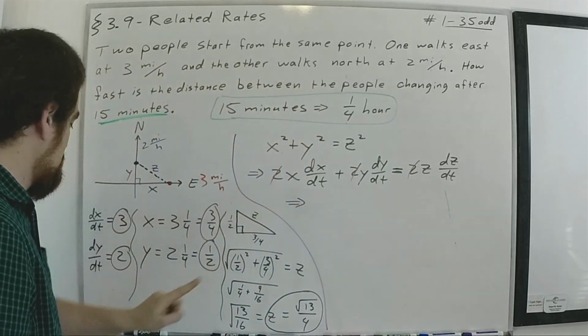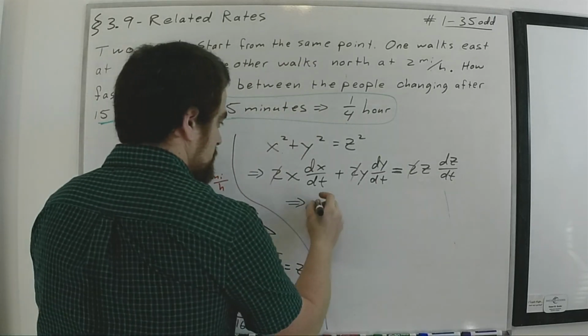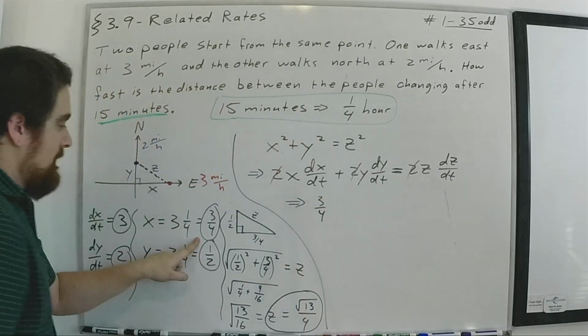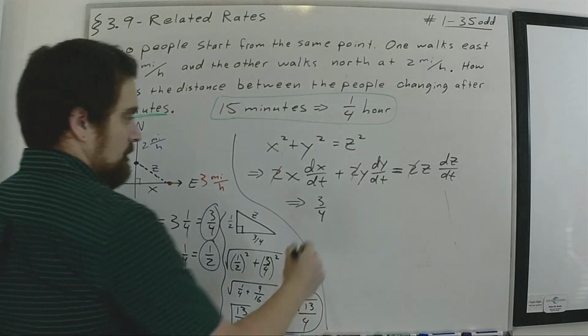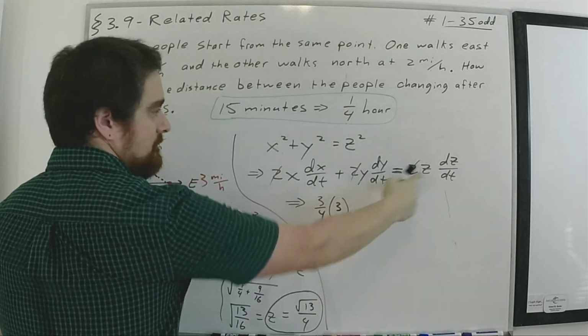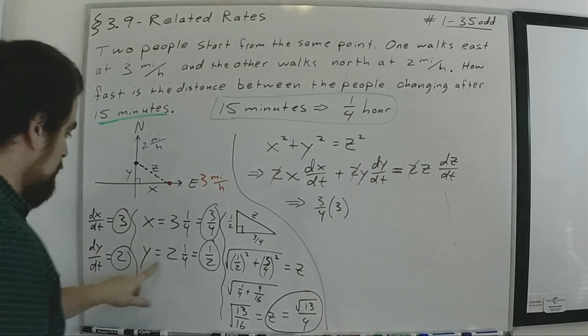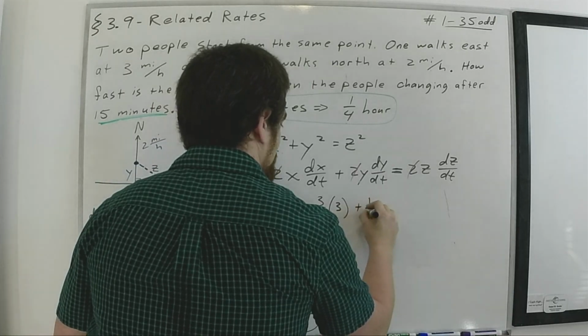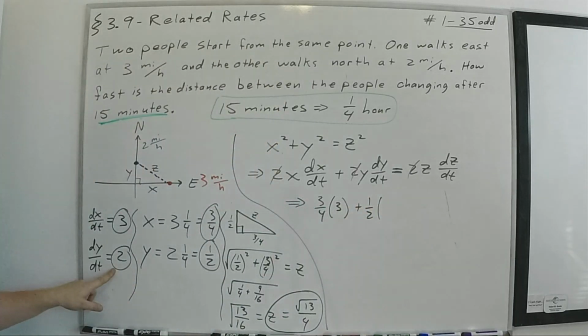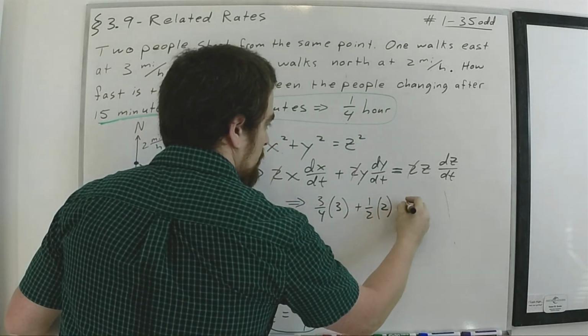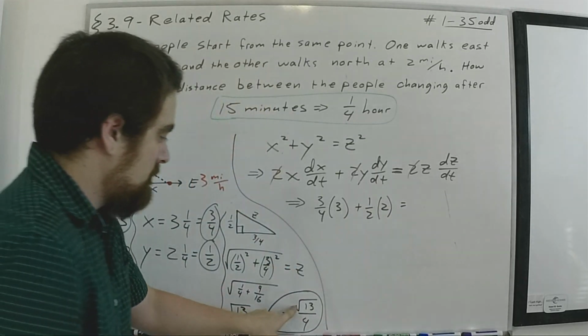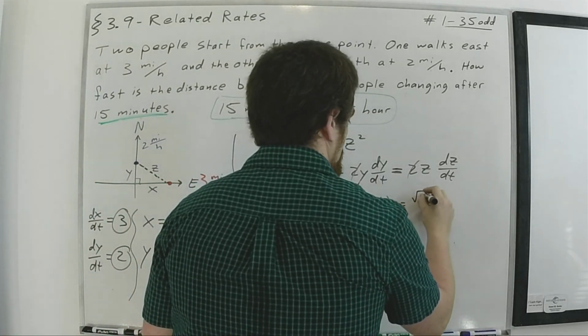We now have x, which is 3/4. We now have dx/dt, which is 3. And again, I just simplified it because everything was multiplied by 2. I got rid of those multiples of 2. We have y over here, 1/2. And then dy/dt is this guy over here, 2. We have our z, root 13 over 4.